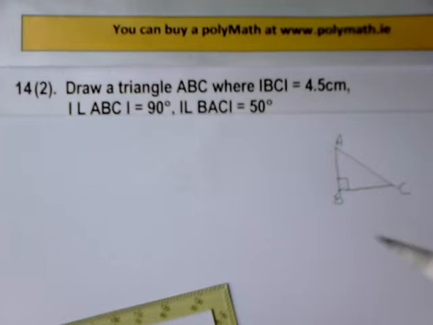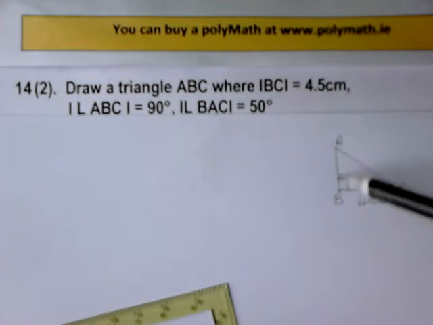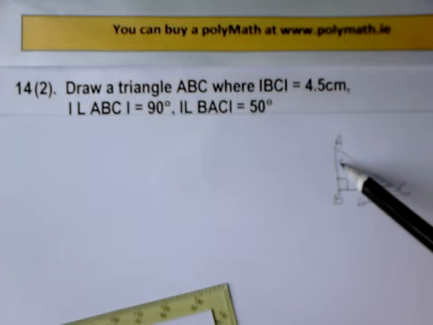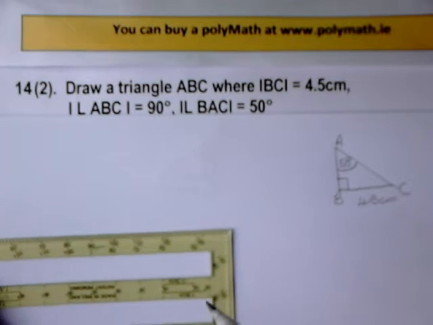The length of BC is 4.5 centimeters. And the measure of the angle BAC is 50 degrees. So now I'll follow this diagram to draw the diagram accurately.